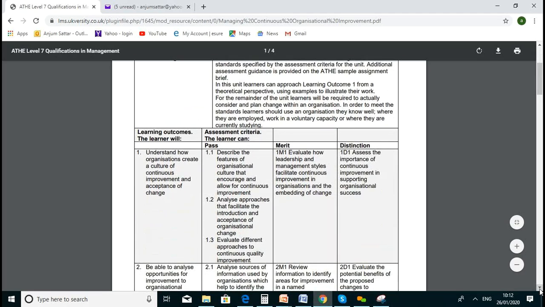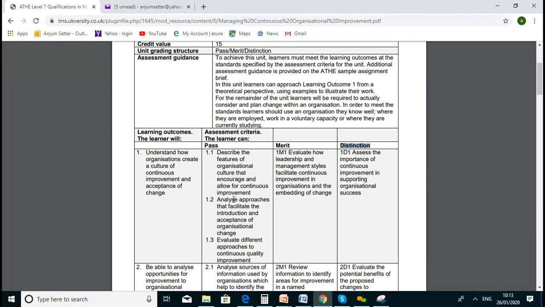So then we have the learning outcome. In today's lesson we'll go through and discuss the assessment criteria. We have 3 assessment criteria. You can pass this module, you can get a merit, or you can get a distinction. These are the 3 grades you can get.